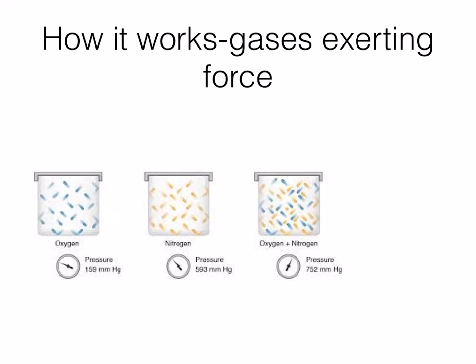So that's why I want you to know what the partial pressure of a gas is, because you have to relate this concept with the partial pressure of some gases within your body, maybe in the alveolar walls or within the arteries. Let's go to the next slide.